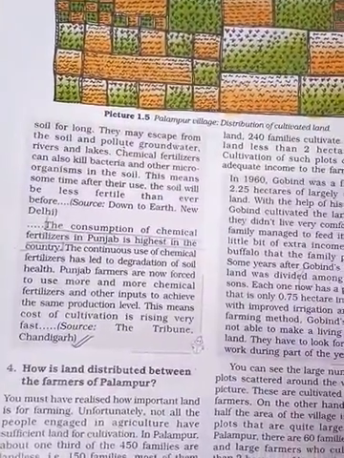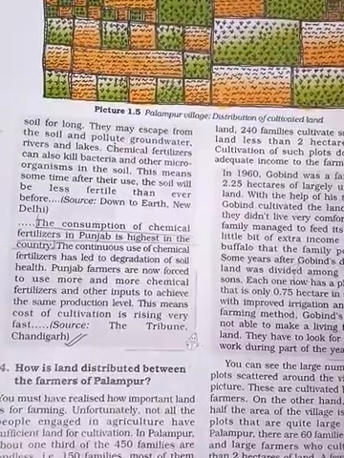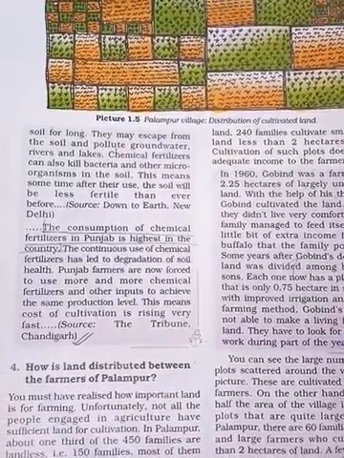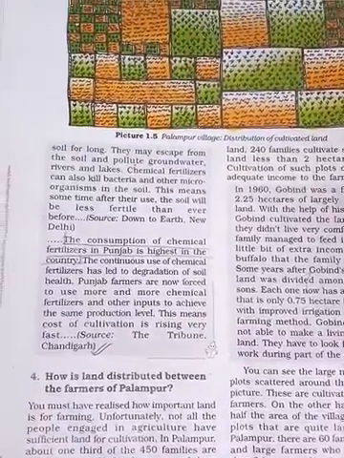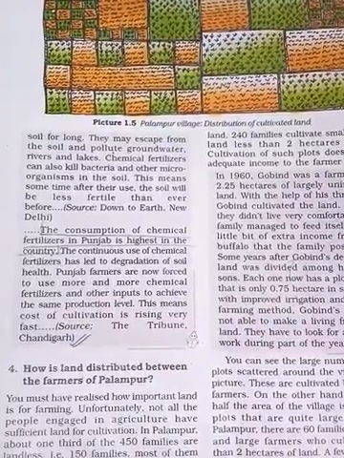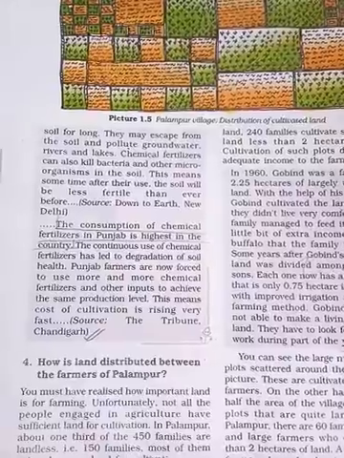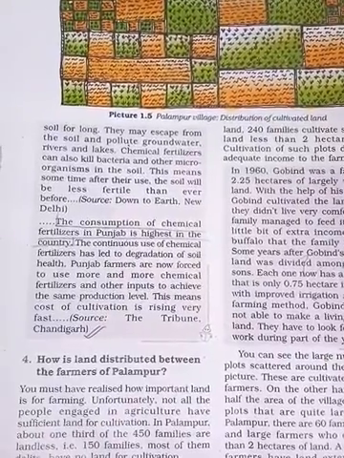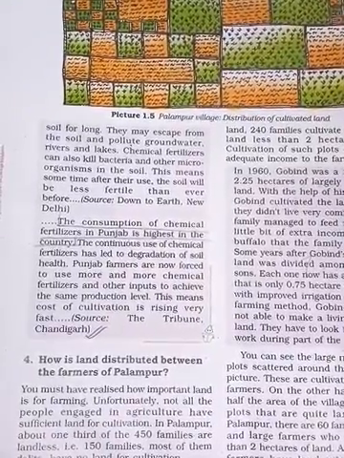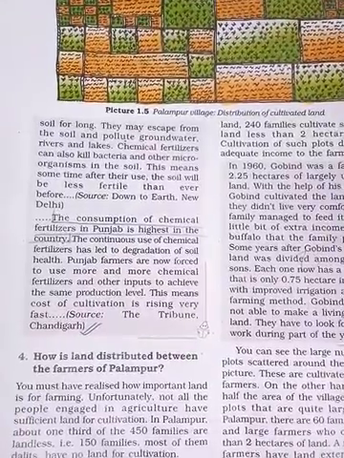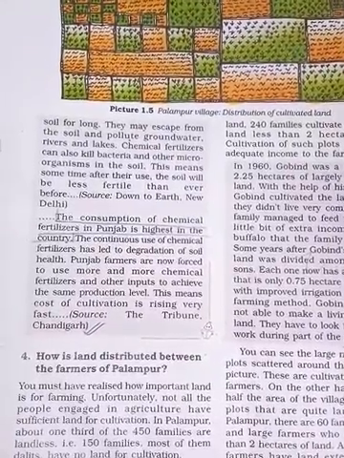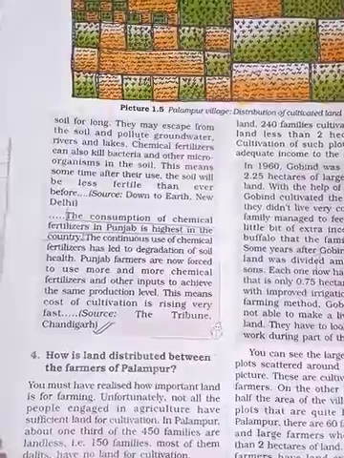So they may escape from the soil and pollute the underground water. That means if we are using a lot of chemicals or pesticides, they are going to pollute so many things, like underground water, even rivers and the soils. This means the degradation has started.